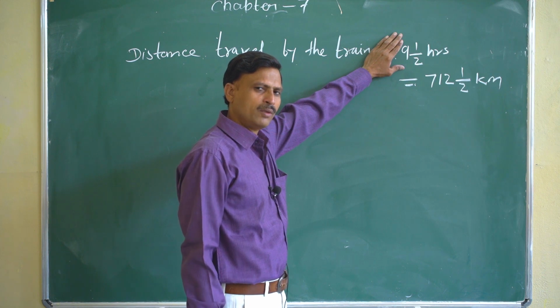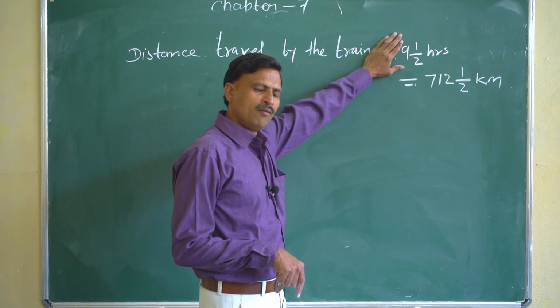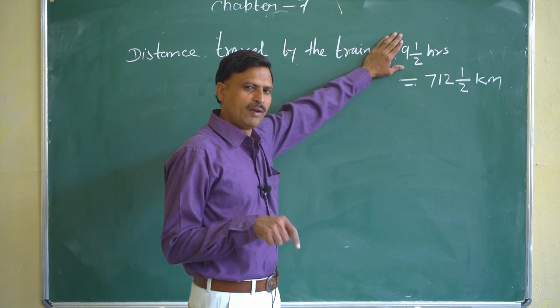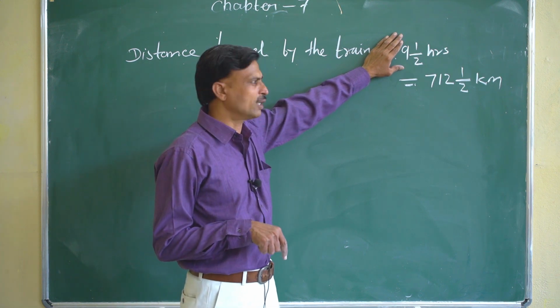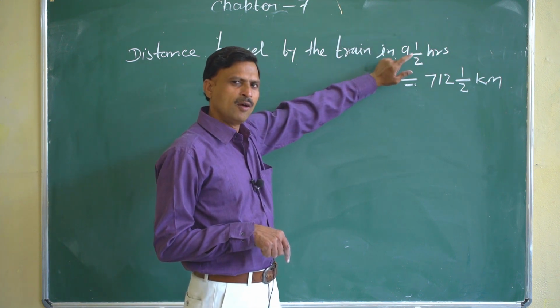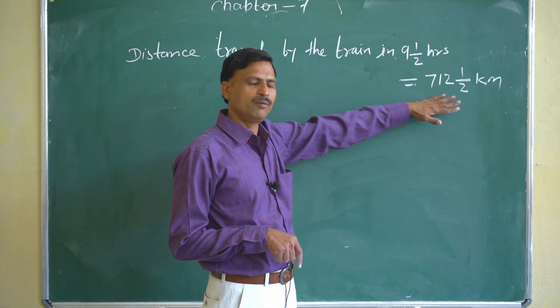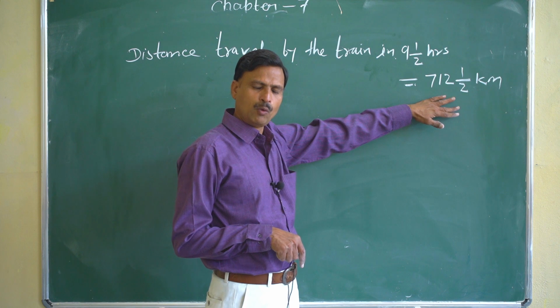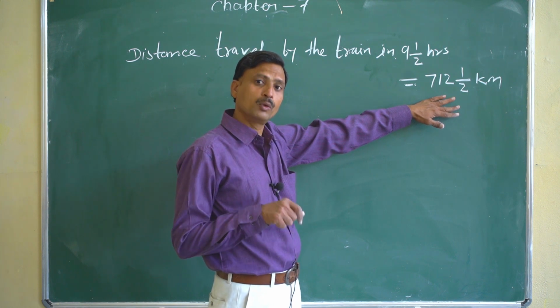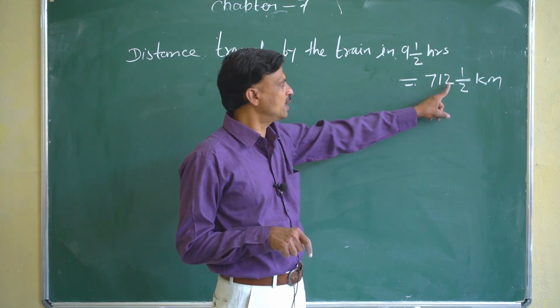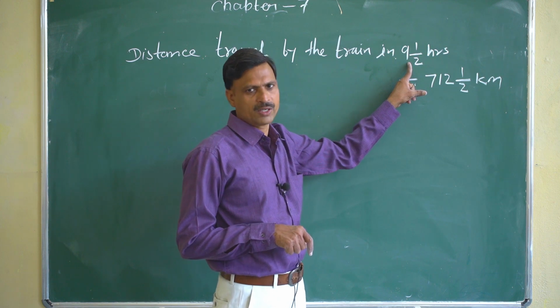Simple, since we are getting the value for the more quantity, we have to calculate for the less quantity, for 1 hour. So we have to divide. So this fraction will be divided by this fraction.